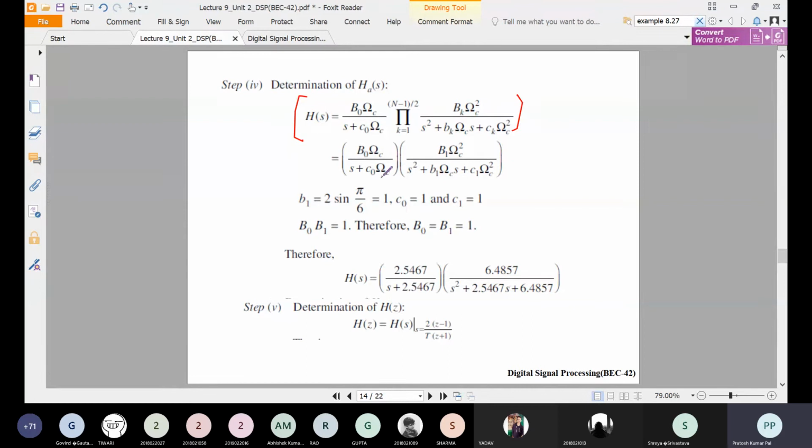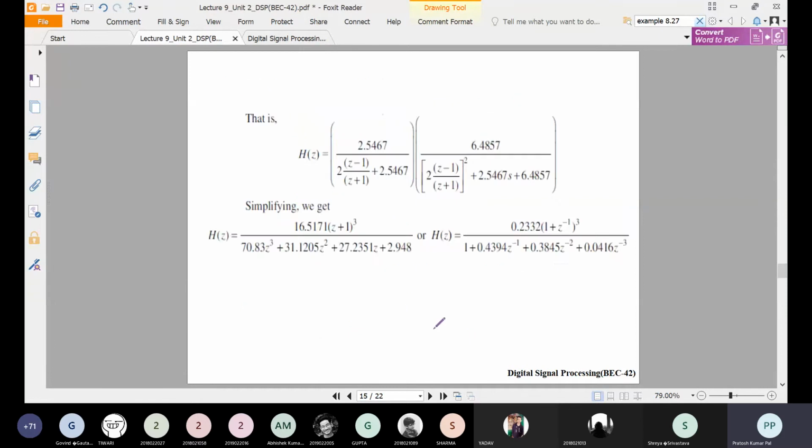In that case also, we need to find capital B0 and capital B1, and C0, small b1 and c1. These values can be calculated by the formula that we already know. With respect to that, H of s will be given. Once we know H of s, we can convert it to a digital transfer function by replacing s with the formula given by the bilinear transformation. The same process applies, so that can be converted.